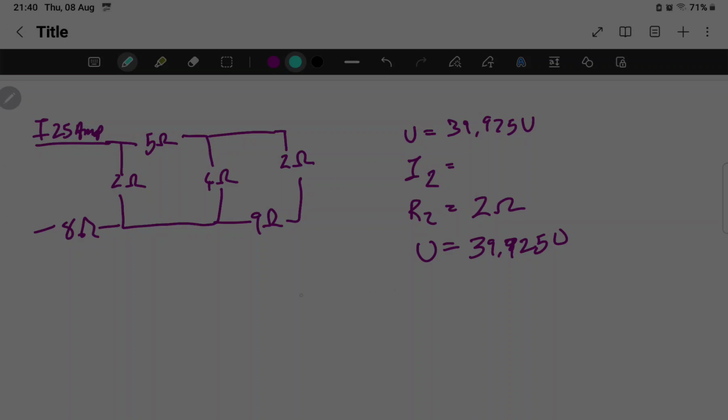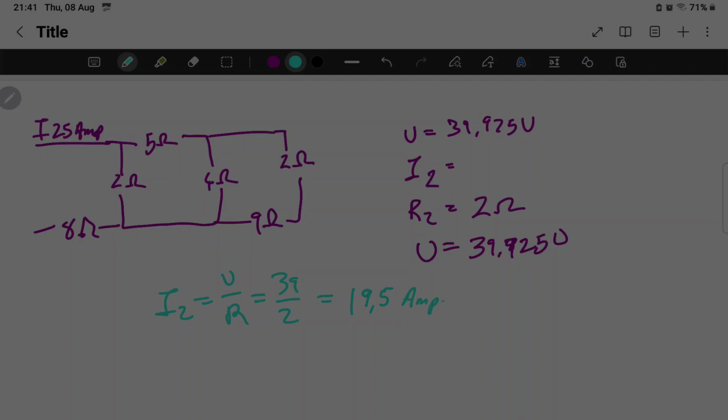Very simple. So the current at 2 is equal to the voltage over the resistor, which is 39,925 over 2, and then we get 19.9 amps.